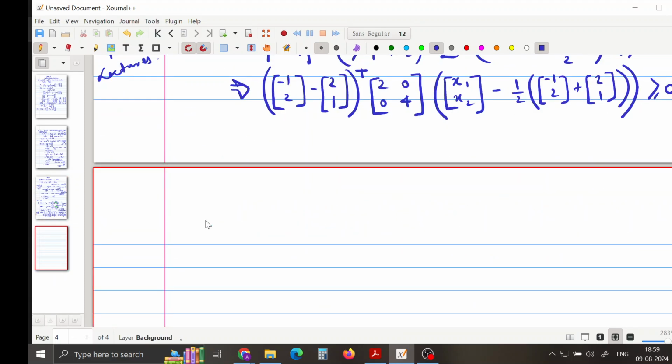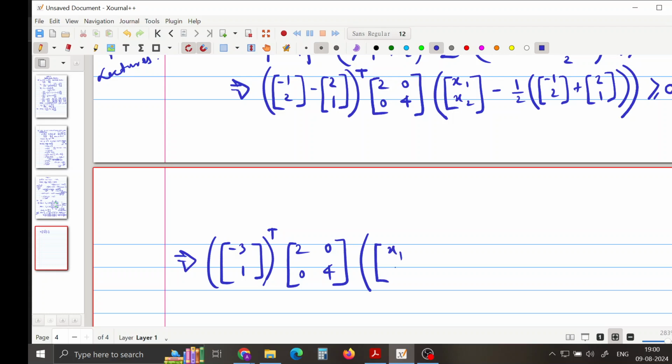So if you compute this, try to evaluate all these terms. The first term becomes minus 3, 1, this whole transpose, and you have 2, 0, 0, 4, that's your sigma inverse, and here what you have is x1, x2 minus this midpoint.